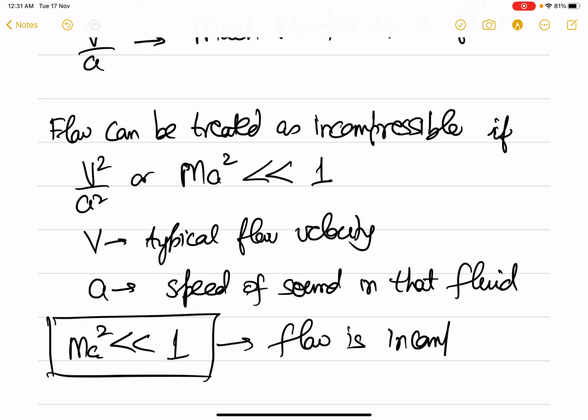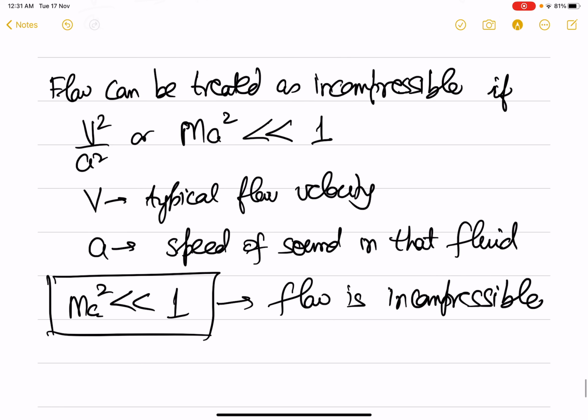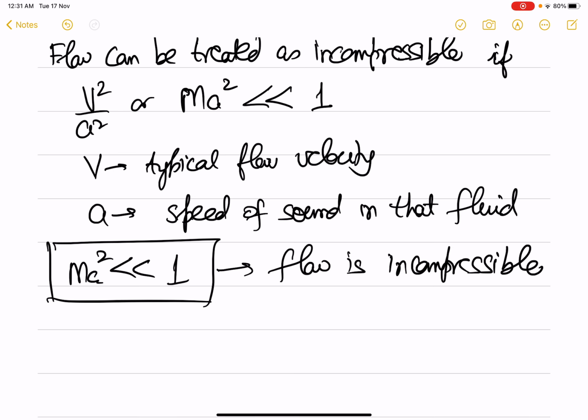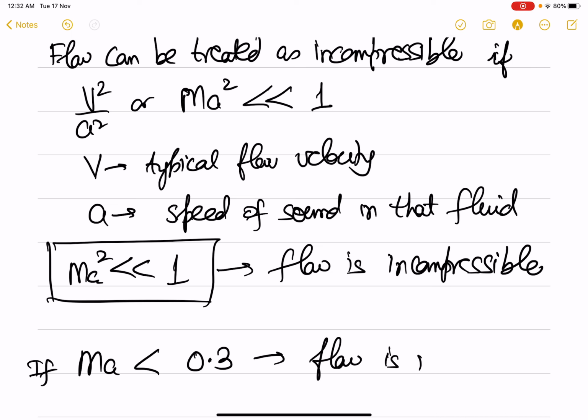So in gas flows, this is the typical rule of thumb which we will use, and much less than 1, it turns out if Mach number is less than 0.3, then we assume that the flow is incompressible, and this is what we will use.